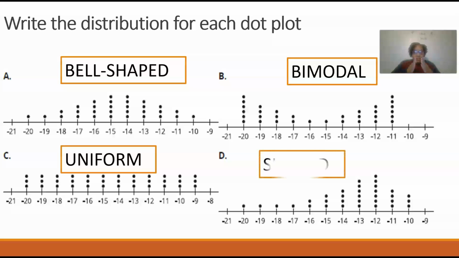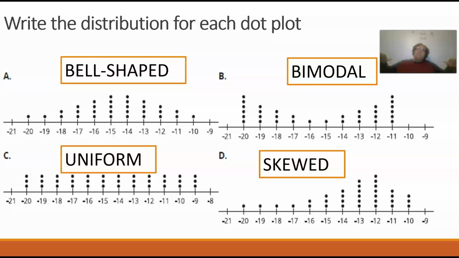The bell shaped, think of a bell. A bell shape has a dot plot that takes the form of a bell with most of the data clustered in the middle. So the bell has all the information put in the middle. The uniform is evenly spread out all the way around.